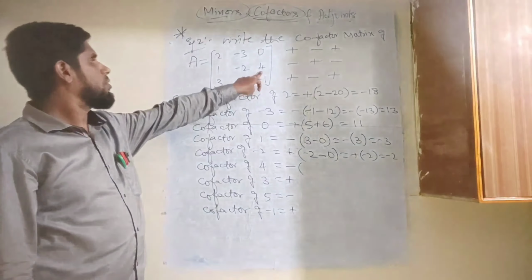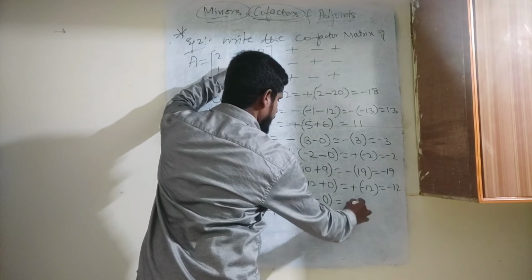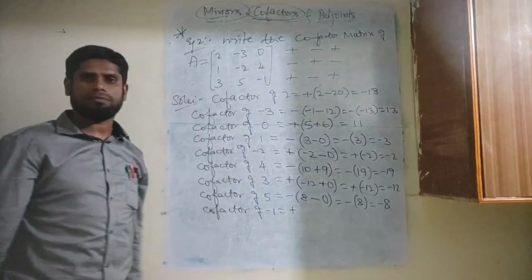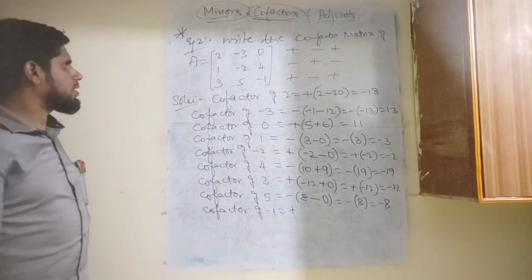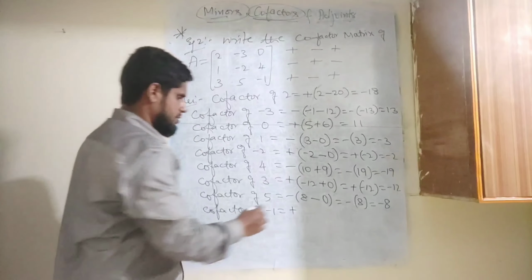Okay. Cofactor of 5. So for this, 2 into 4 is 8, minus 1 into 0 is 0. So minus of 8, answer is minus 8. Next, last element, cofactor of minus 1.